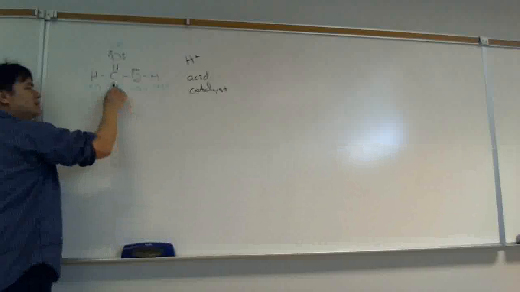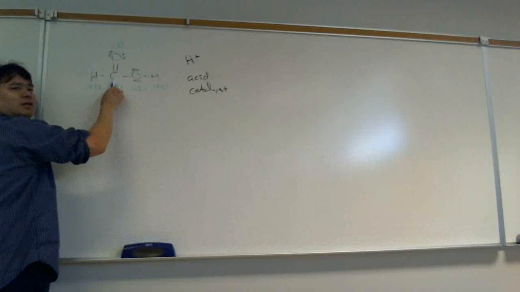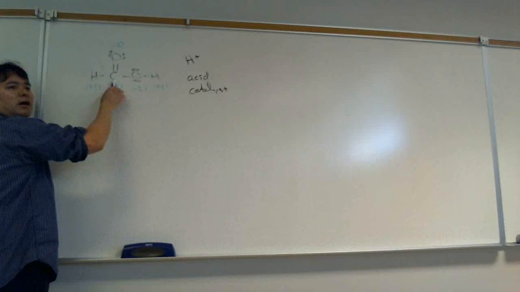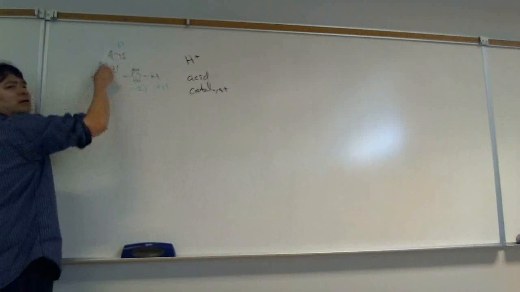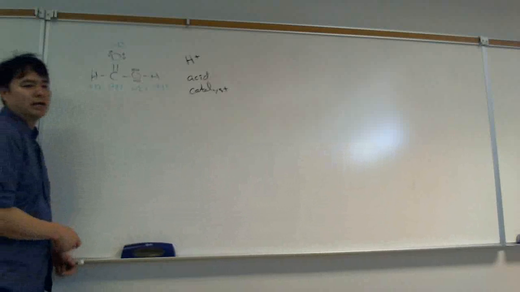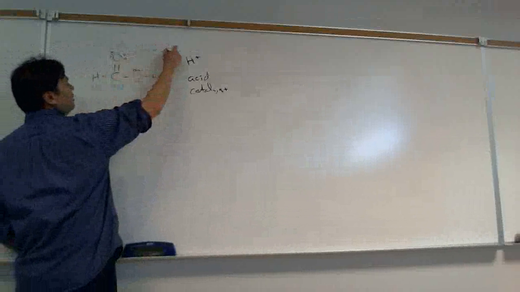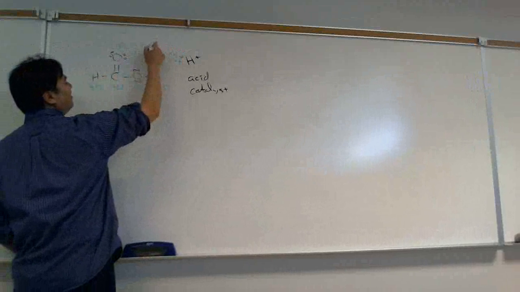If a base attacks the carbon here, it's a lone pair donor, that means something has to give. You've got too many bonds. Can you have 5? This pentavalent carbon, you can't have 5 bonds, so we have to break this pi bond, knock the electrons out, which is possible. But anyway, if there's a collision here, this sp2 oxygen or this sp3 oxygen can attack, 1 or 2.